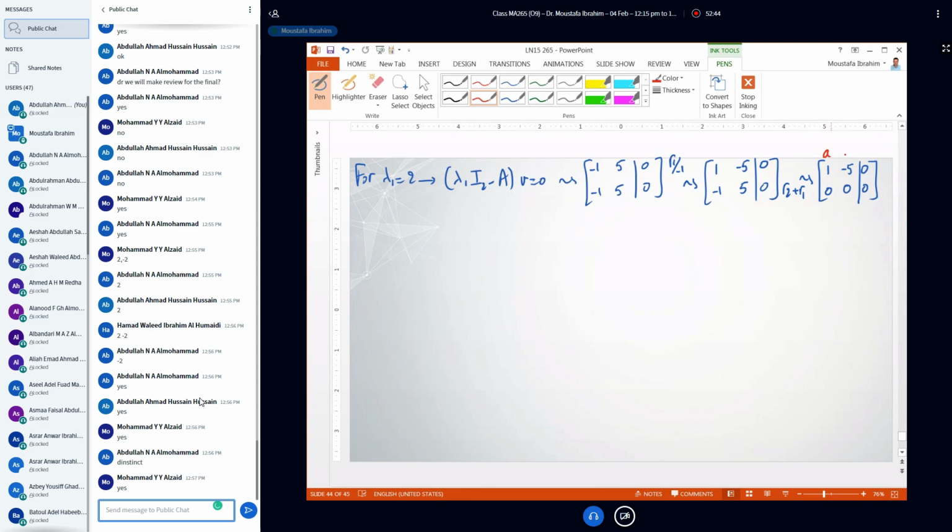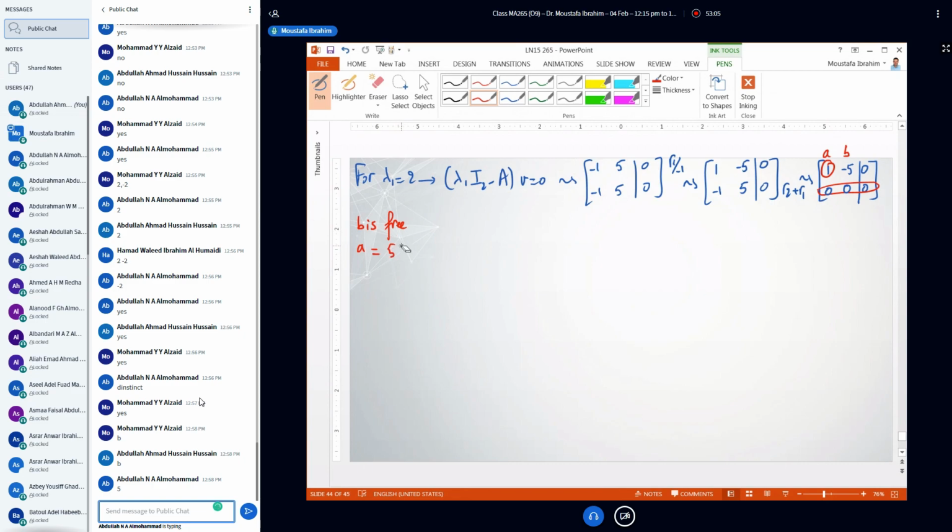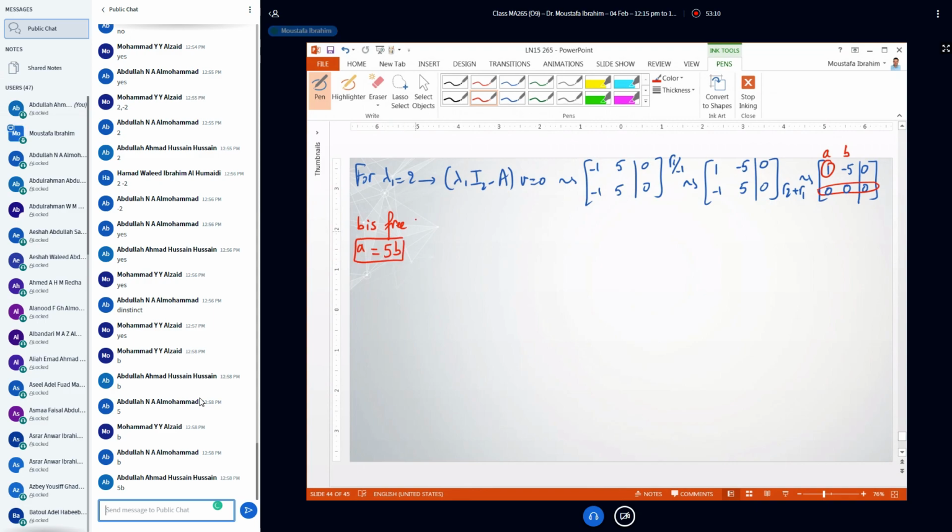A and B: there is a leading 1 for A, and I don't have any leading 1 for B, so B is free. A equals what? Move minus 5 to the other side, so we get A equals 5B. So V, which is A, B, becomes 5B and B. We take B equal 1.